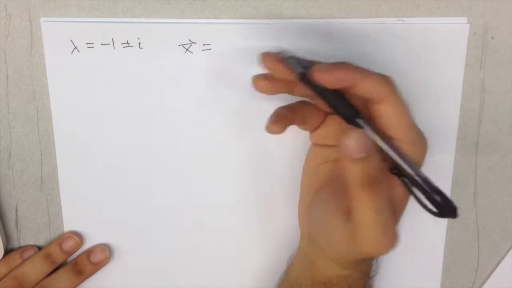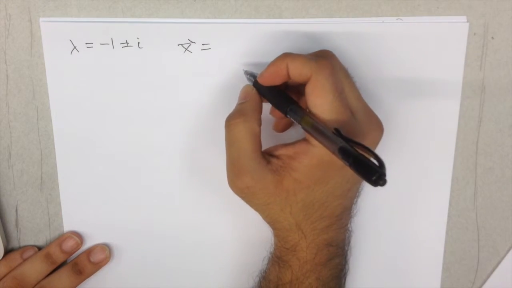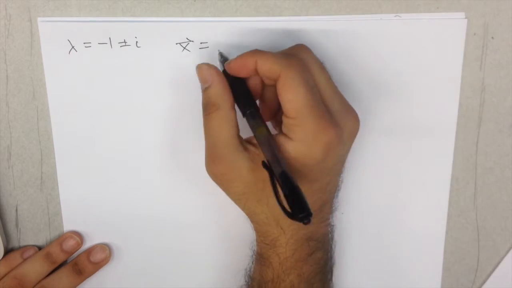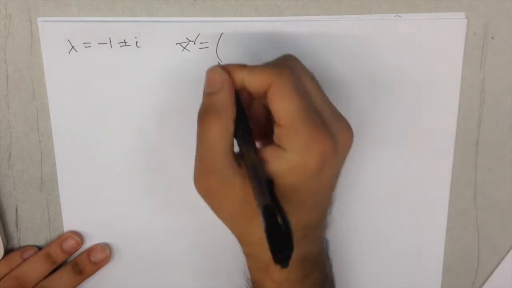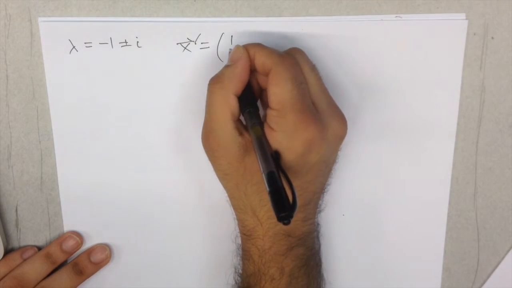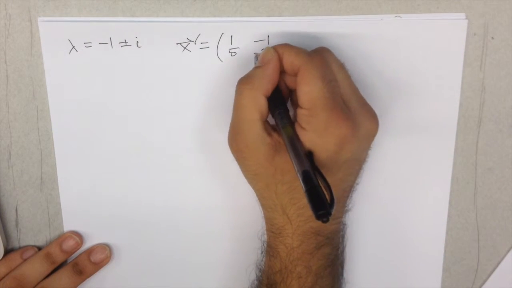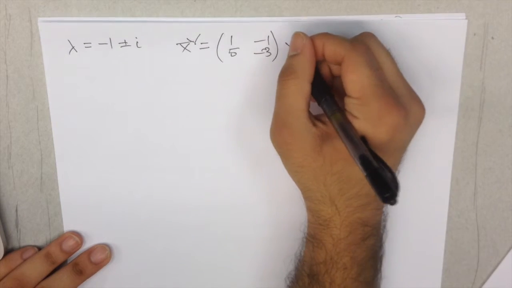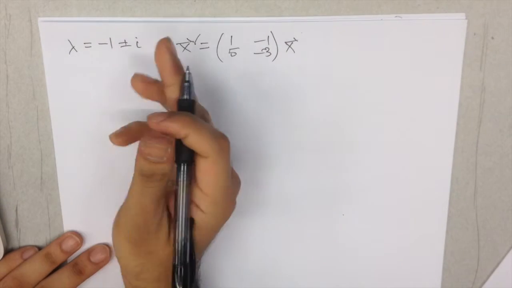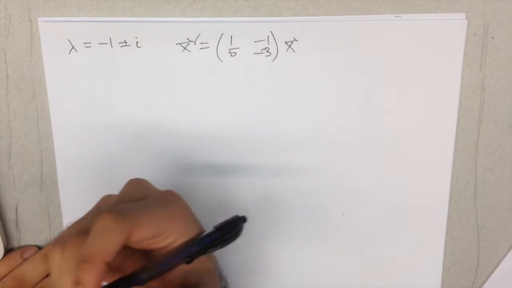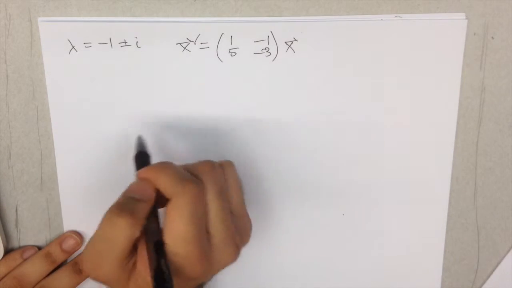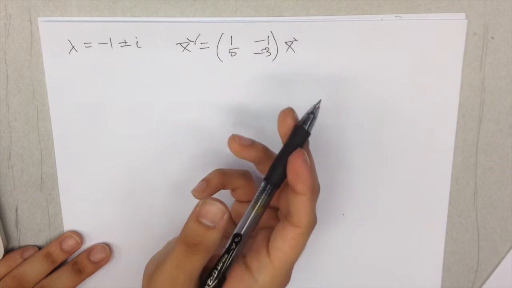I just want to show how you can determine clockwise versus counterclockwise in this system. So we know that x prime is equal to the matrix 1, 5, -1, -3 times x. We didn't have an initial condition, so we don't have a solution, but if we were to pick a solution, we want to figure out what solution does that trace out.